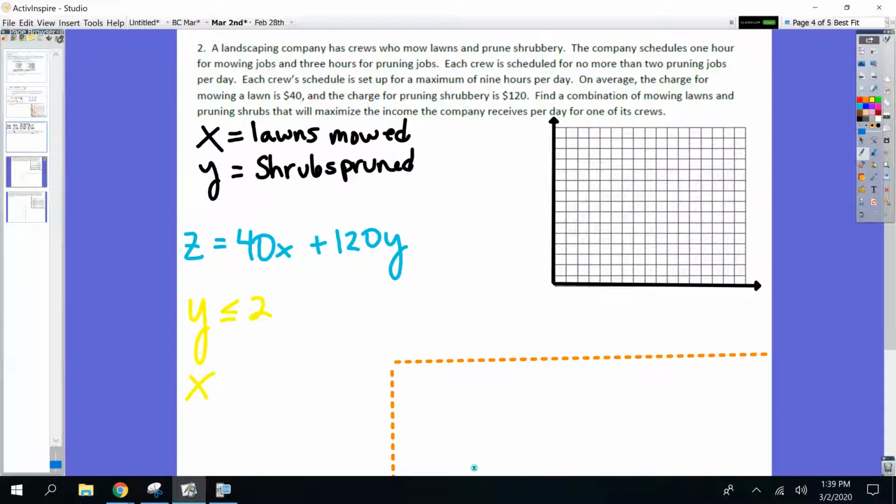I got X. And we got a prune job, right? Here we go. X plus 3Y. What do we got? Max of 9 hours a day. Less than or equal to 9. Yep, not X plus Y. Got to attach the hours to it.